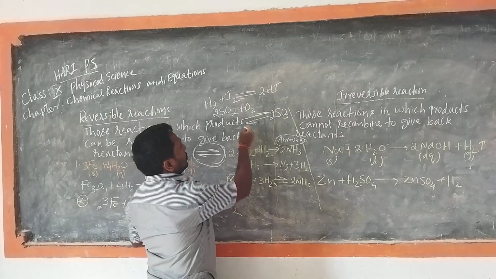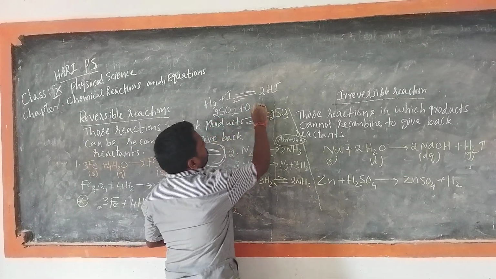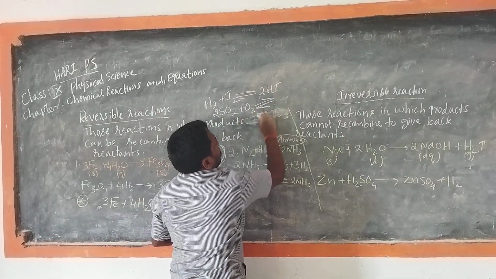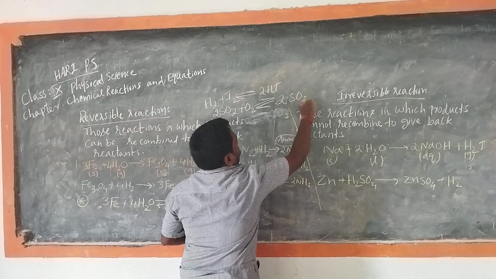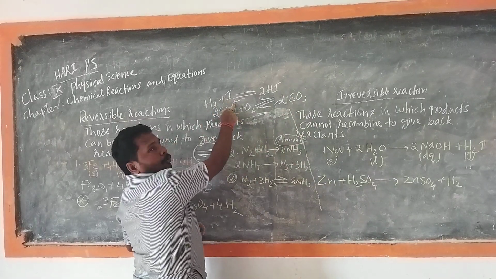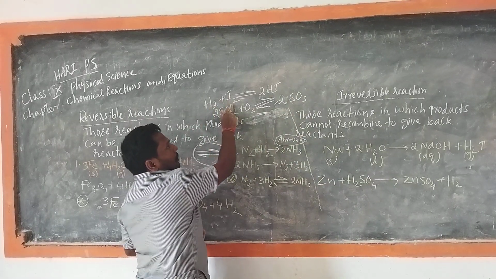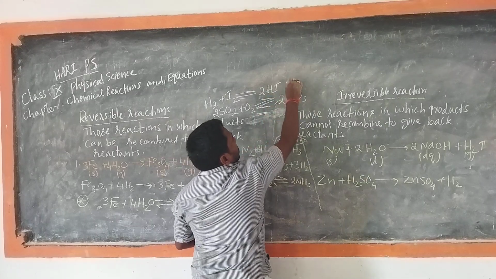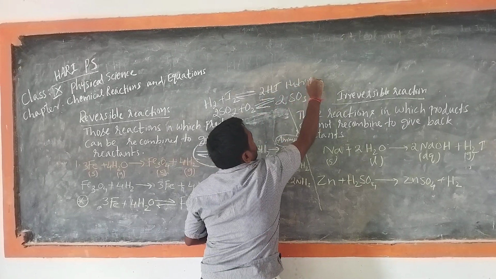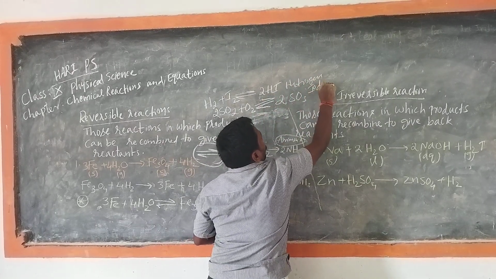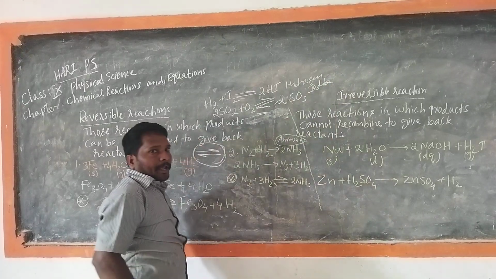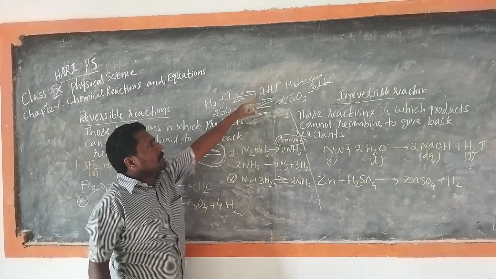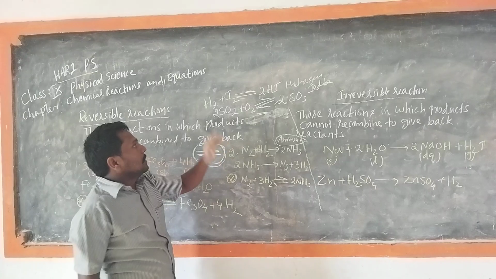One more example: hydrogen plus iodine gives hydrogen iodide. It is also an example of a reversible reaction.